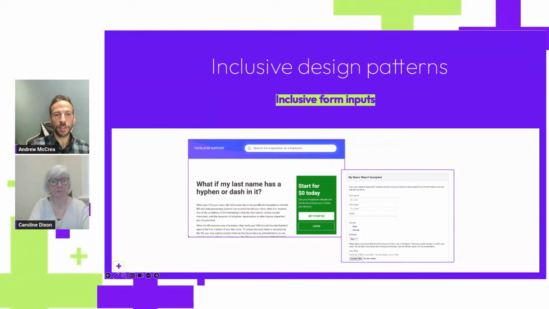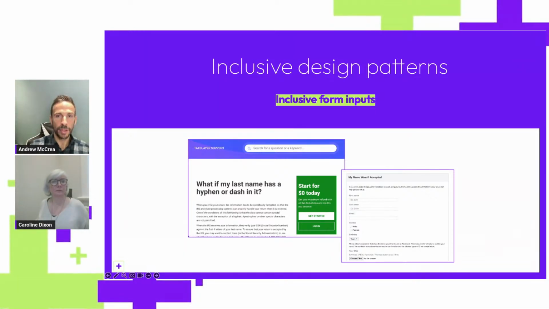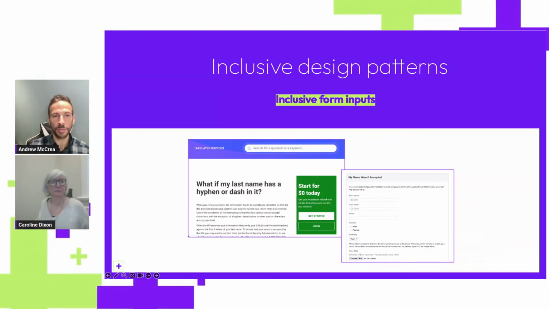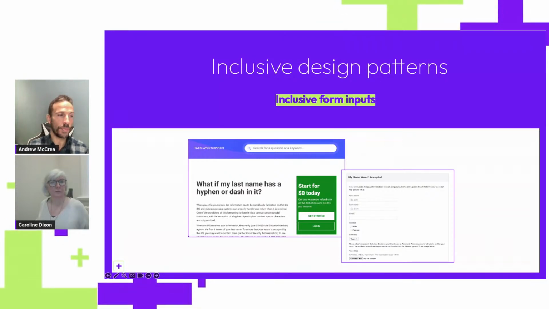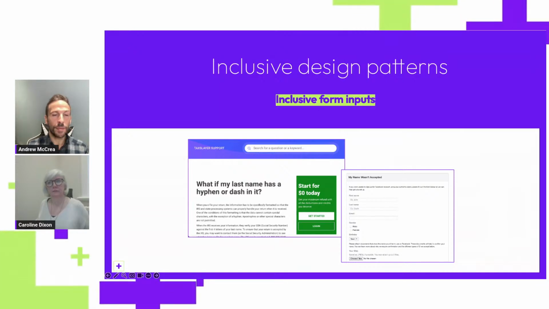Something we also wanted to touch on, mainly to give everyone here today a bit of a sense of what it looks like from a design perspective to be inclusive when it comes to interfaces, is inclusive form inputs, for example. What if your last name had a hyphen or dash in it?